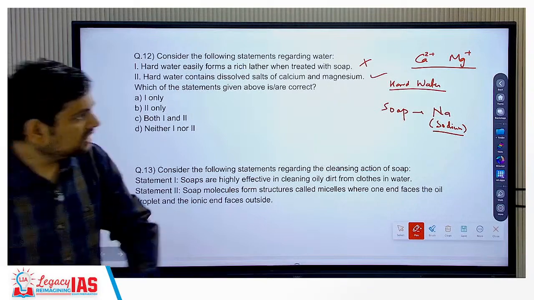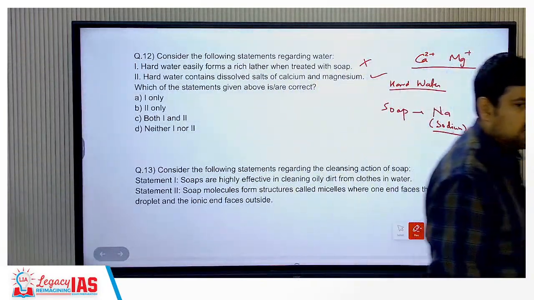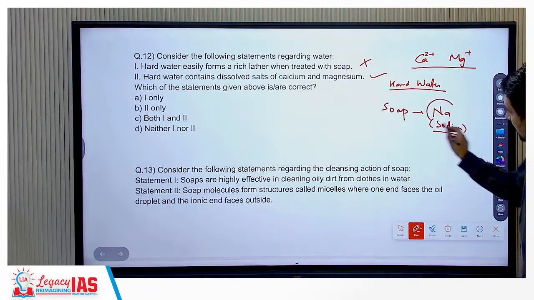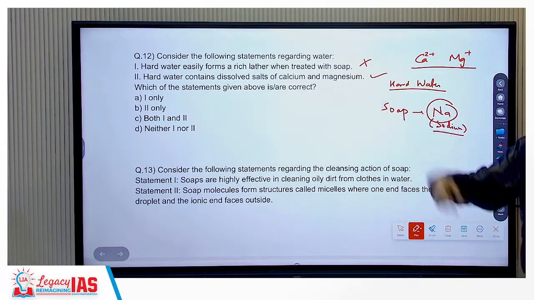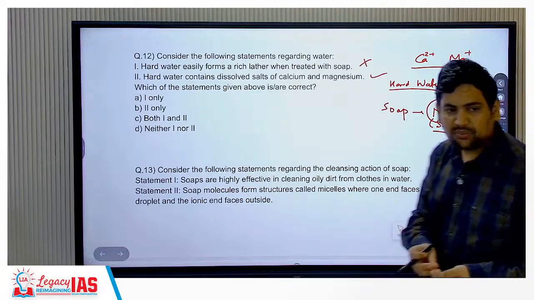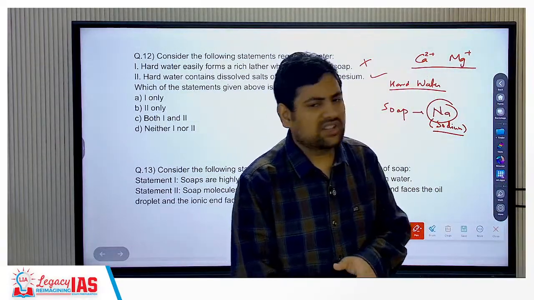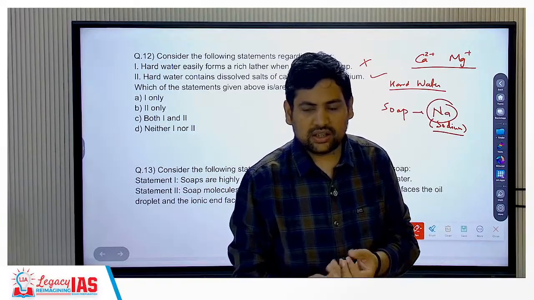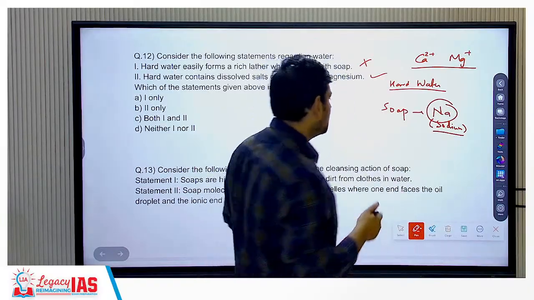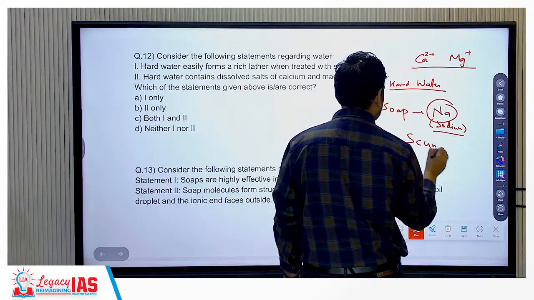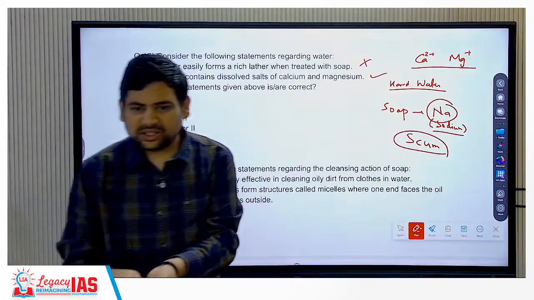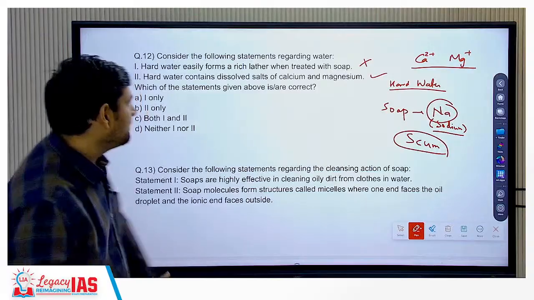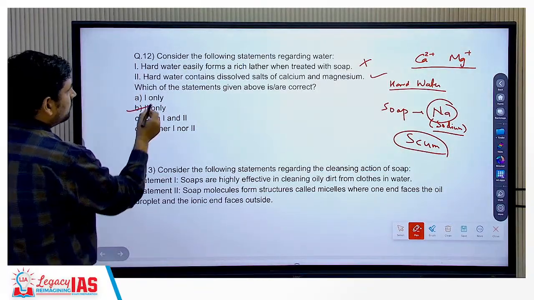Now the problem is, if calcium and magnesium are present with it, they replace the sodium in that entire soap chain, and that is why instead of forming that lather or bubbles that you see, you start seeing something like a scum. Basically some white paste-like thing starts forming. So the answer is what? 2 only.